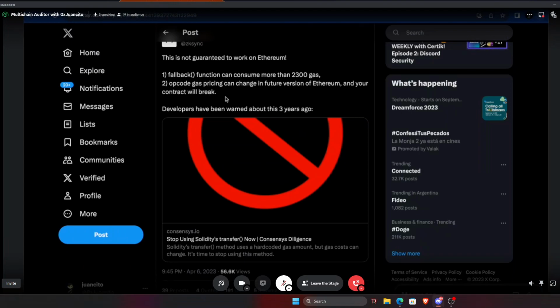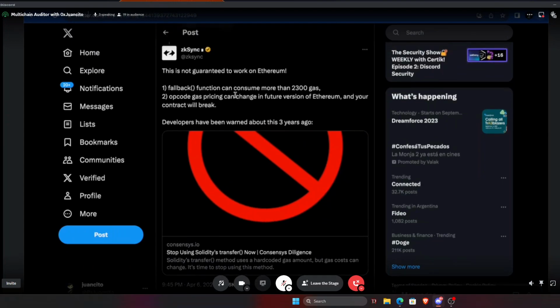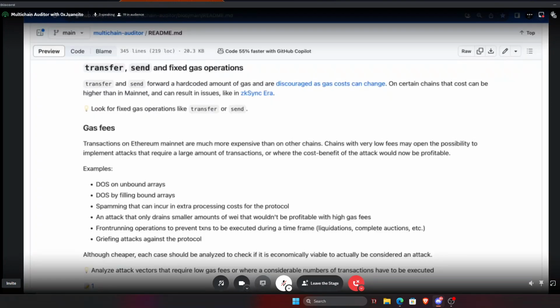I think they fixed it somehow, but the general advice here is to look into these fixed gas operations. They might behave differently, they might have different values on different chains, and they might also change over time.